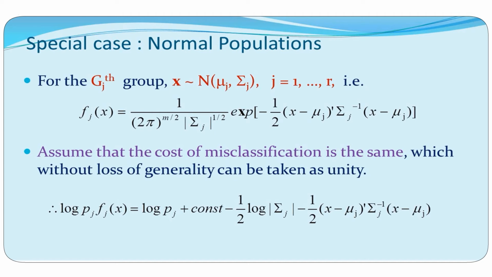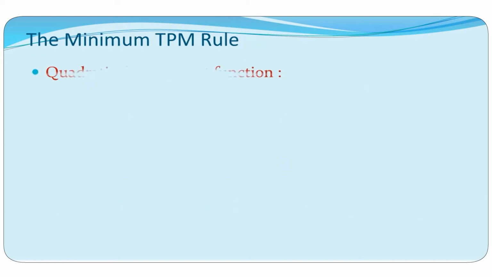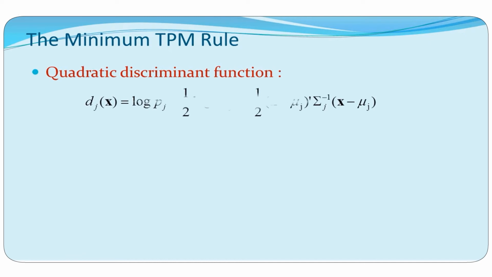We can write this out as log p_j plus a constant, minus half log of sigma_j, minus half (x minus mu_j)' sigma_j inverse (x minus mu_j). For the minimum TPM rule, d_j(x) is log p_j minus half log sigma_j minus half (x minus mu_j)' sigma_j inverse (x minus mu_j).